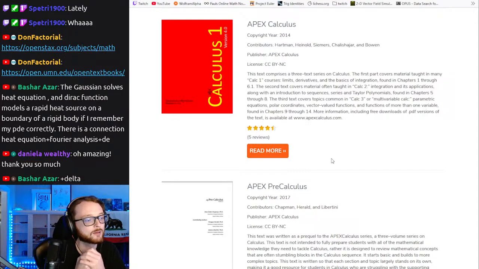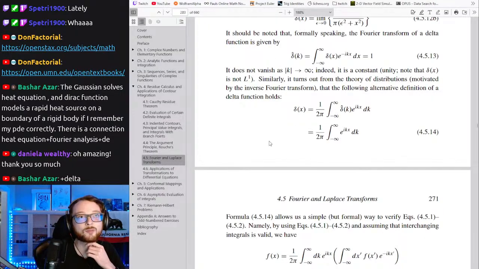That would make sense if the Dirac function would do that. Yeah, that could be an interesting boundary condition. Like how does the heat in the rod behave if you just do a little burst of heat like that and let it distribute? I guess it might not be that exciting.